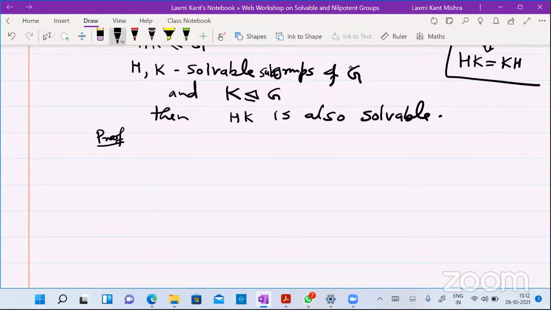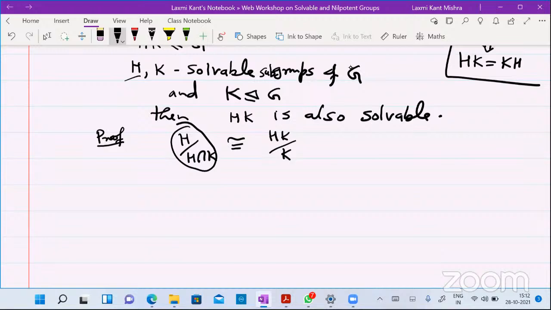If we wish to prove it, then by the second isomorphism theorem, H by H intersection K is isomorphic to HK by K. We know that H is soluble, and H by H intersection K is soluble. Why is this soluble? Since it is a factor group of a soluble group.